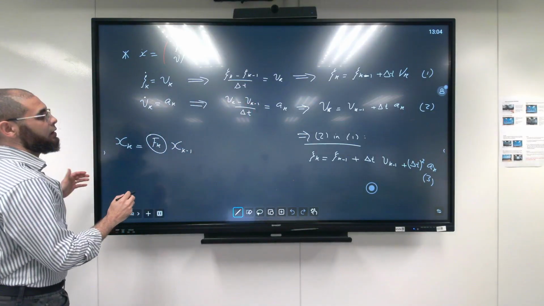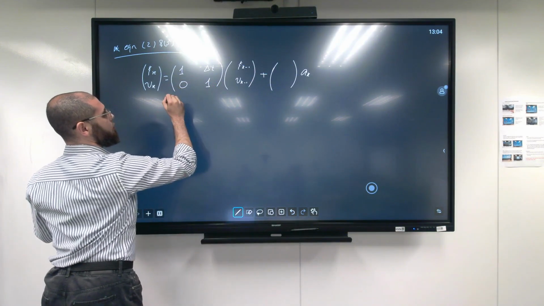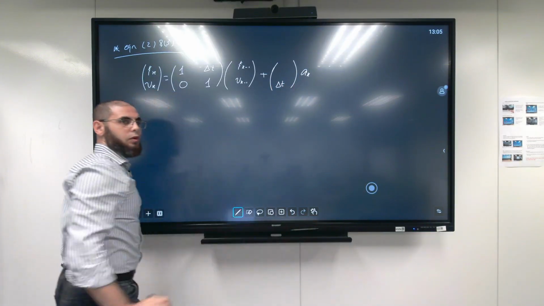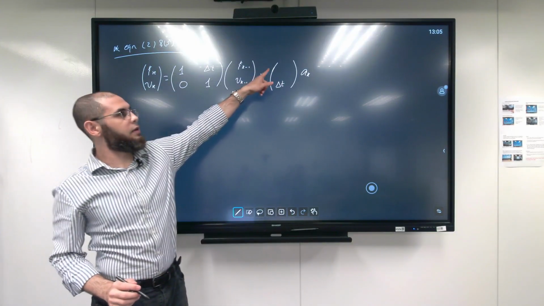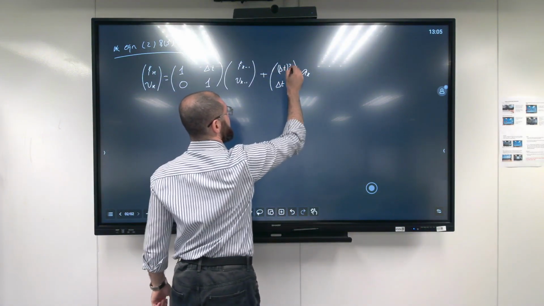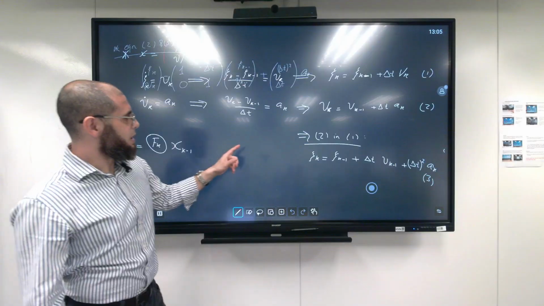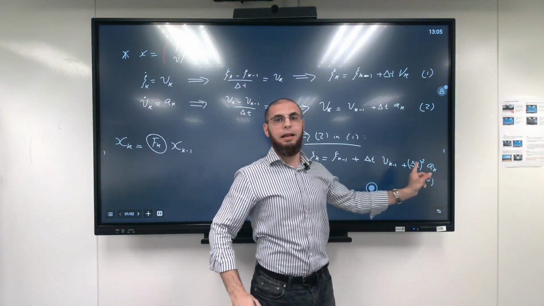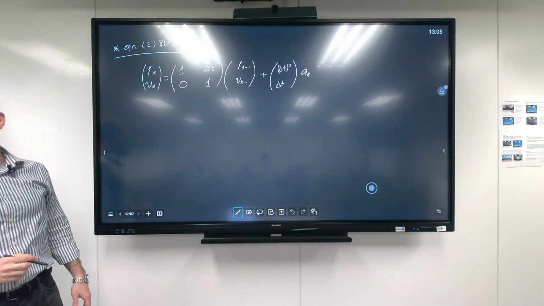So I have 1 multiplied by vk minus 1, and this was 0. And then I have here delta t multiplied by ak. Is this done or not yet? We still had another term here. So this was delta t squared. Okay. So if we go back here, you'll find that psi k is also related to ak by delta t squared. Okay. So this is how the equation looks.